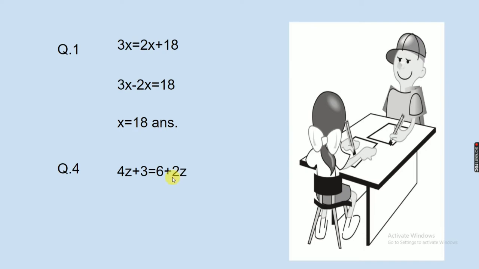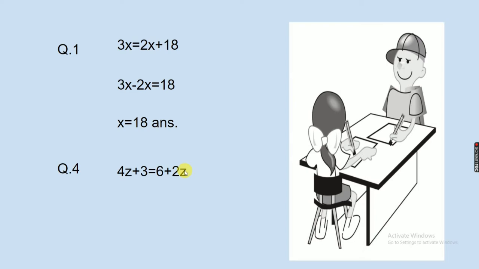So what we would do, we would transpose this 2z to the left hand side of the equation. You can also transpose 4z to the right hand side of the equation. There is no issue, you can do however you like. We would transpose 2z to the left hand side.